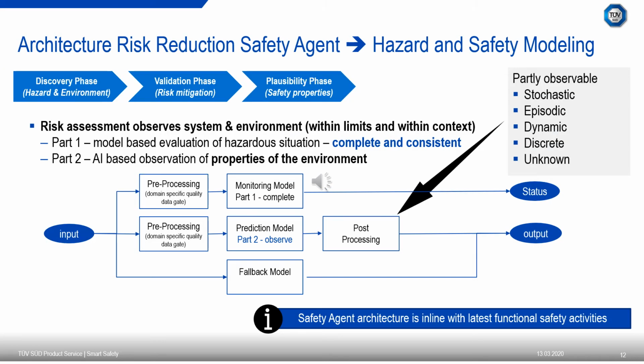I would like to introduce the concept of hazard and risk modeling based on a digital twin and the corresponding safety profile as the baseline for any risk assessment at runtime.